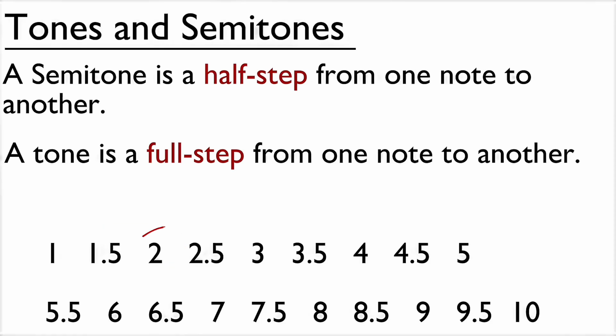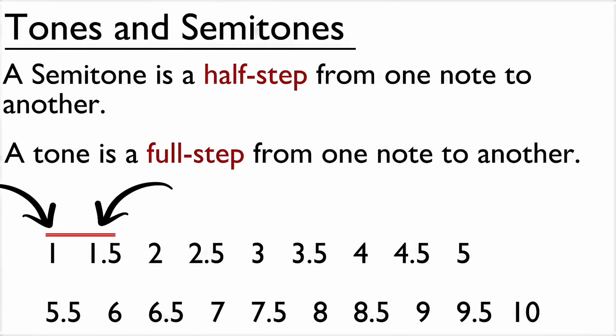From 2, you take a half step and move to 2.5. Then from 2.5, you take another half step to get to 3. So you realize that if I want to move from a number to the next number closest to it, I just need to take a half step.